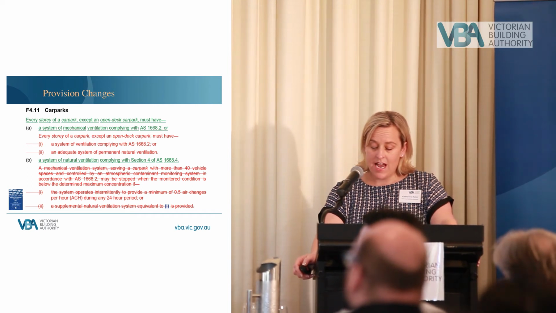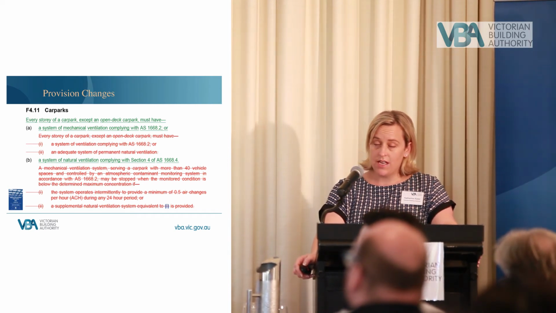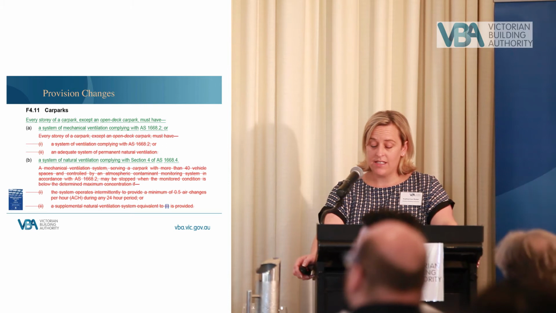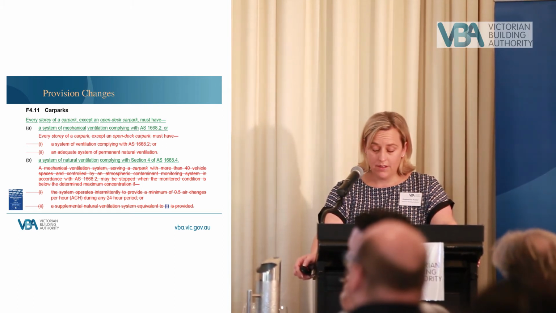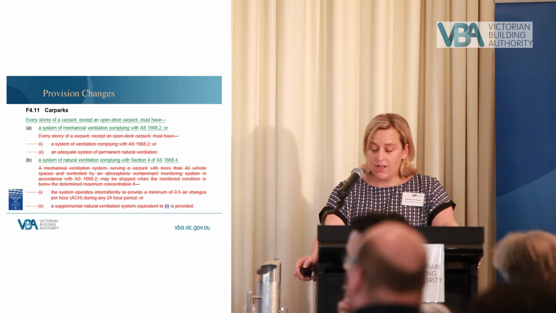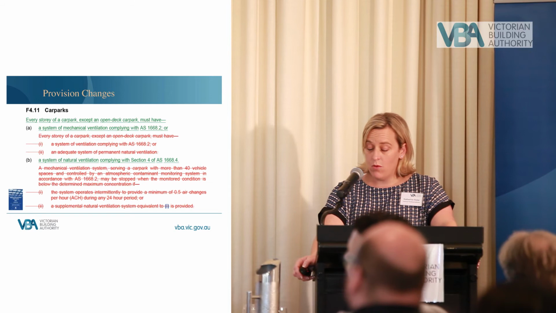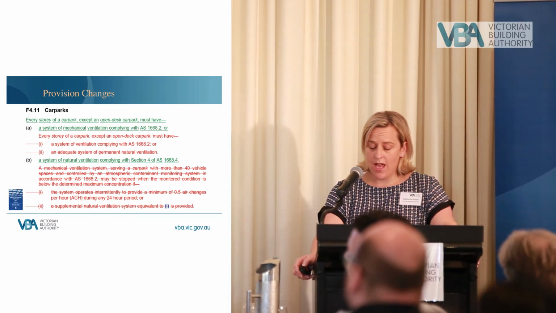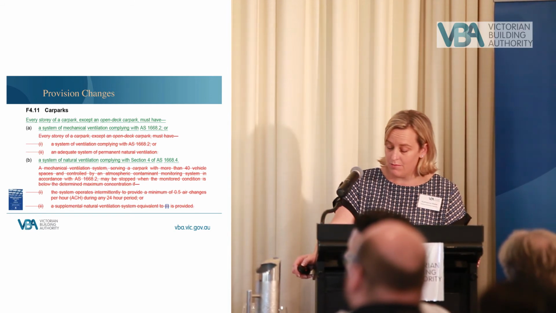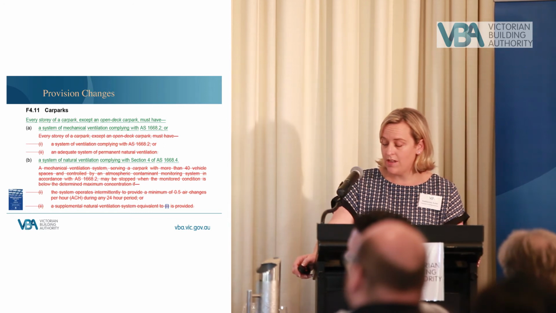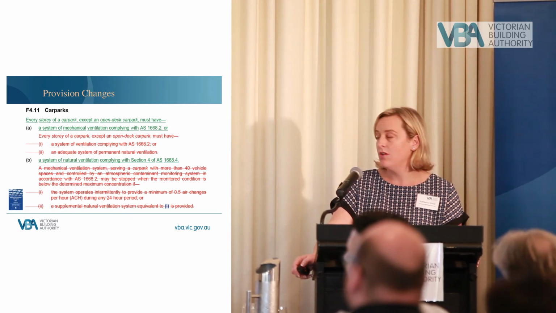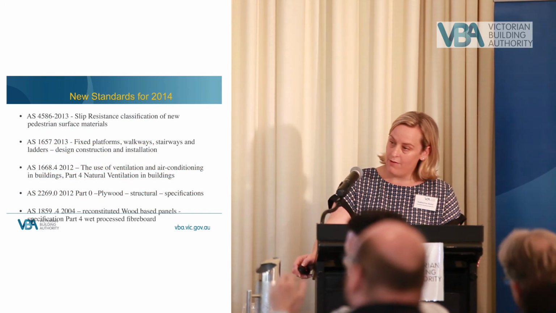This safeguard now resides in the 2012 edition of AS 1668 Part 2, so it has been deleted from the BCA. The requirement for certain car parks of more than 40 cars to be controlled by an atmospheric contaminant monitoring system in accordance with AS 1668 Part 2 remains in J5.2.